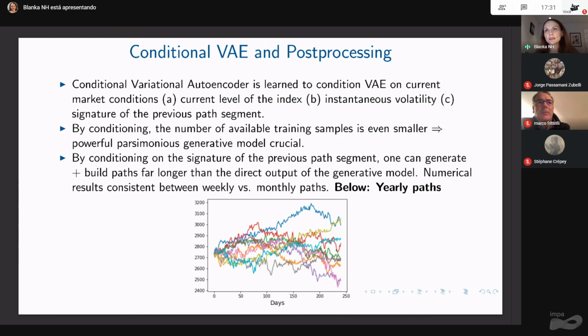Okay, so that's one of the observations and one of the things that this work demonstrates, that using signatures is a much more powerful way of doing modeling, because for market generation, as little as 250 or even 1,000 training data samples for this generative network is not enough.